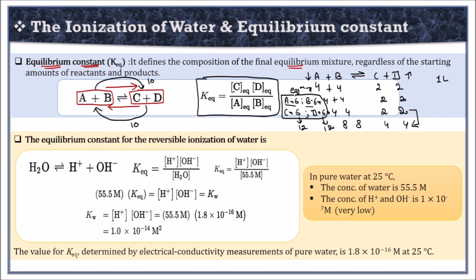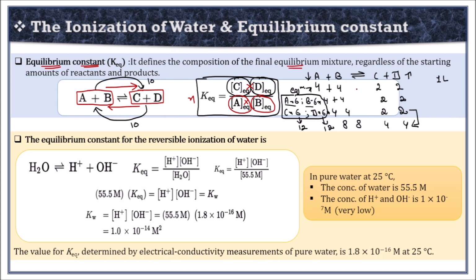So over the top we have C, which is the product, and this is the concentration of C at equilibrium. Then we have the concentration of D at equilibrium, and at the bottom we have the reactants. This is the concentration of A at equilibrium, and this one is the concentration of B at equilibrium. So we have to find the product of reactant concentrations and the product of product concentrations, and from that we will get K equilibrium. So this ratio will not change.